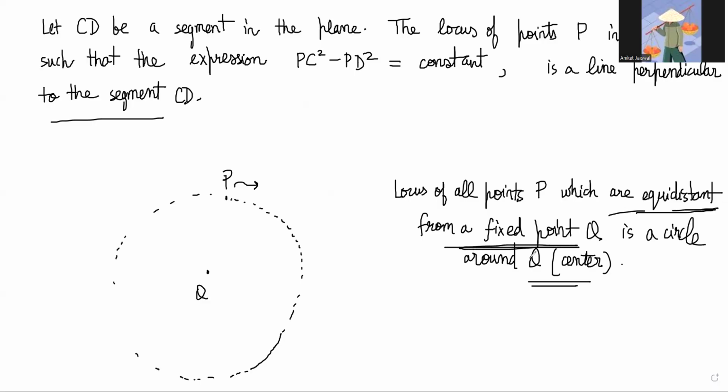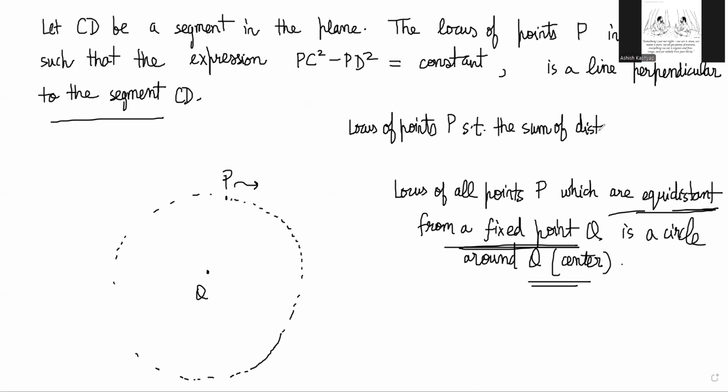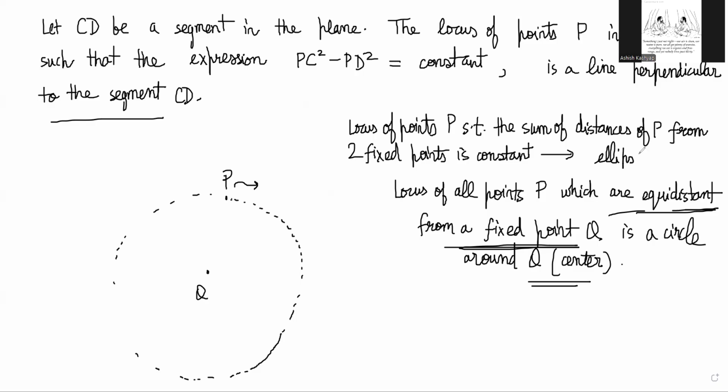Similarly, I can say that the locus of points P such that the sum of distances of P from two fixed points is constant, that locus is an ellipse.